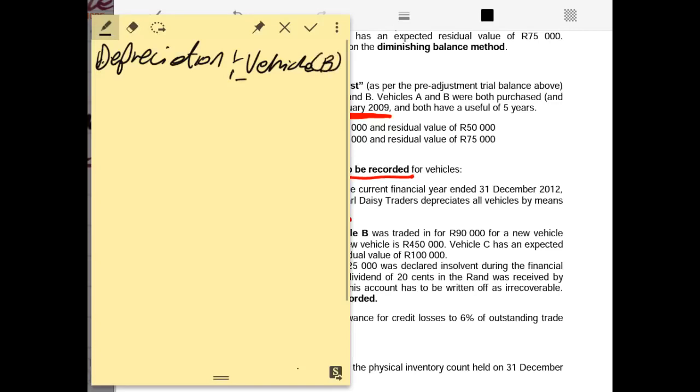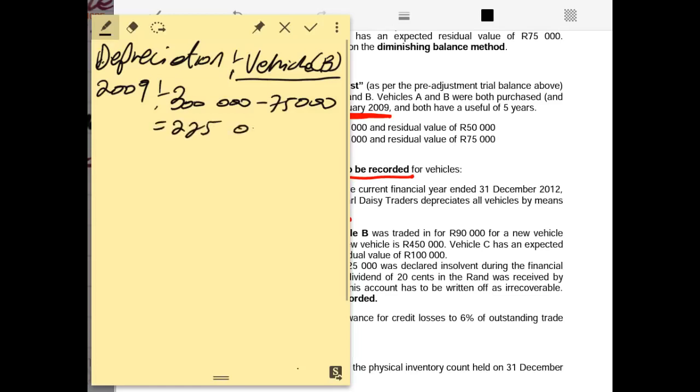In the year 2009, motor vehicle B was bought and the cost was 300,000 rands, and we subtract 75,000 rands. That gave us 225,000 rands. We divided by the useful life, and that gave us 45,000 rands, which is depreciation for the year 2009.